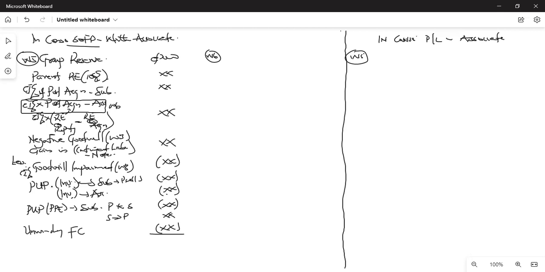Then what you also see is this one. Goodwill impairment, if there is such also in the associate, drop it here. That one, it doesn't matter, associate or sub, drop it here. And here too, we brought in what? PAPs. Just take note of that.